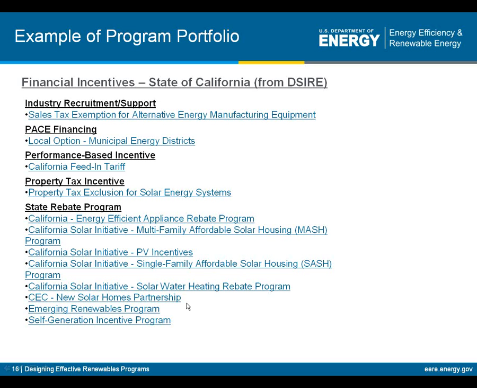There are PV incentives. There's a new solar homes partnership specifically designed to support renewables in residential new construction. An emerging renewables program that is a grant program for larger, less standard programs, and so forth. And the objective of setting up different programs for different markets means that you can design the way the programs work to really meet the needs of those particular constituents within those markets.